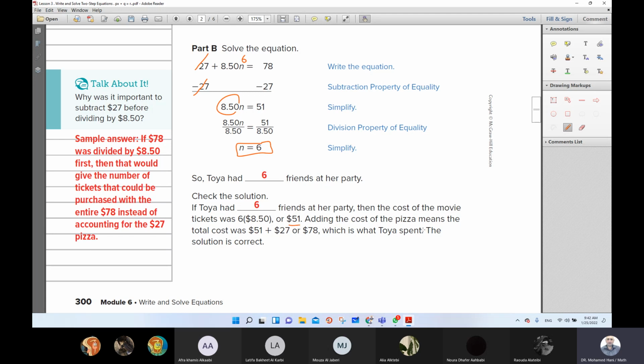Adding the cost of the pizza, 51 plus 27 equals 78. So this is correct, which is what Toya spent. The solution is correct.